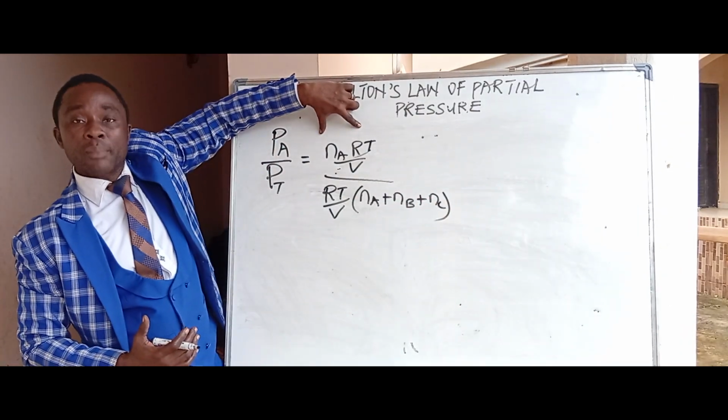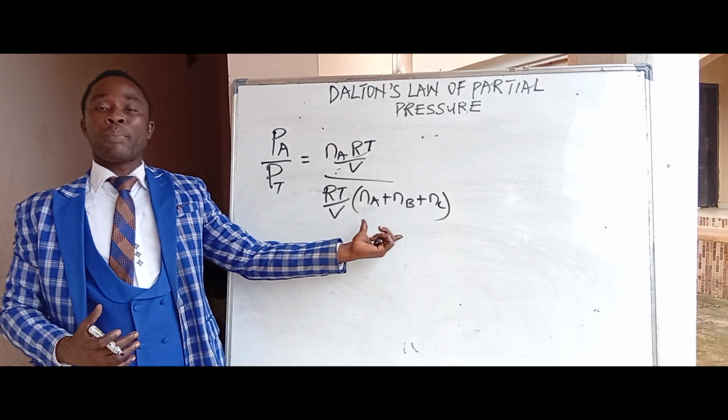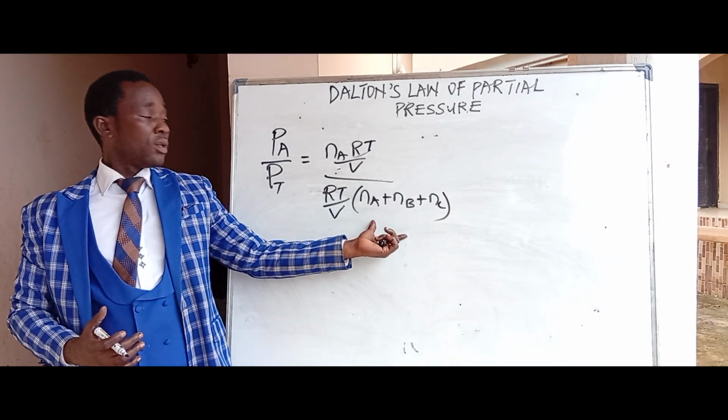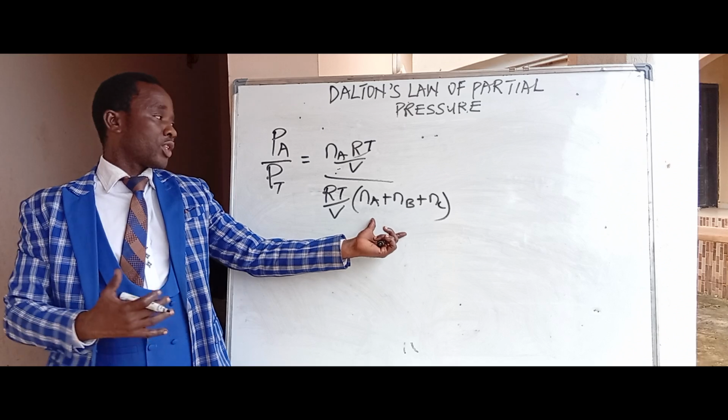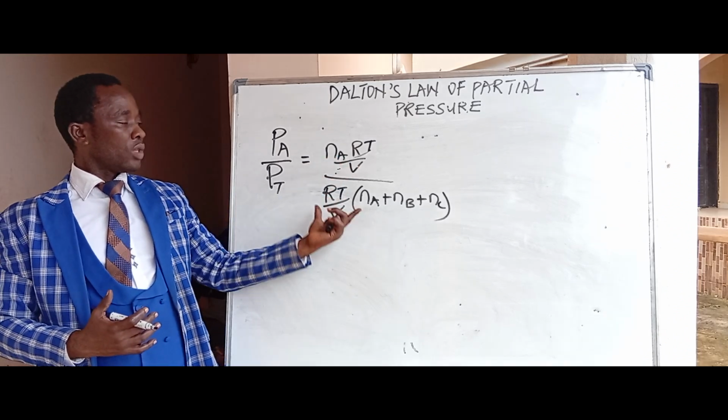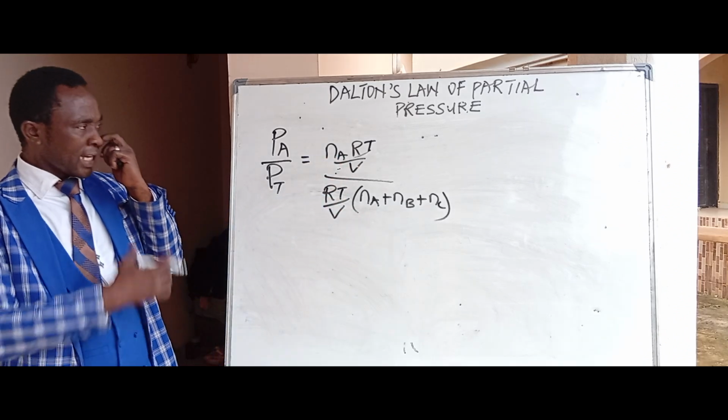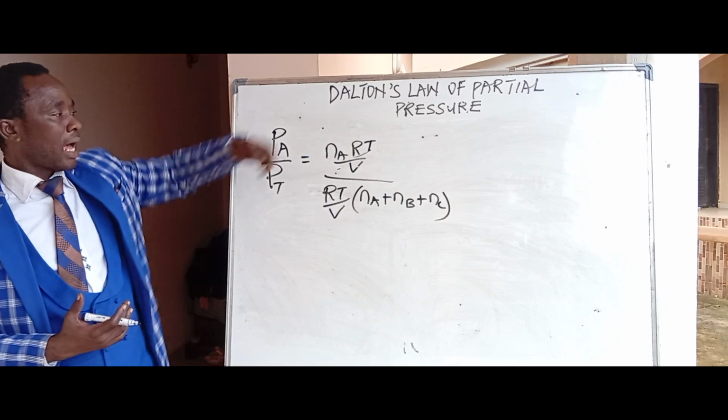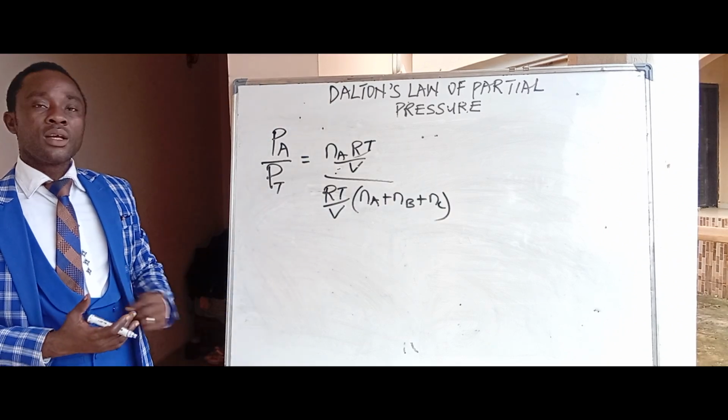This is the partial pressure of gas A. This is the total pressure. Partial pressure of gas A divided by the total pressure. Is there anything common at the numerator and the denominator that we can cancel?